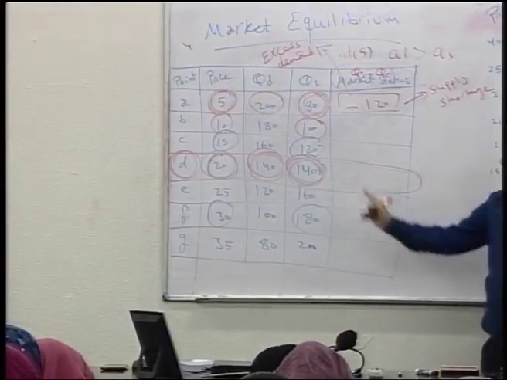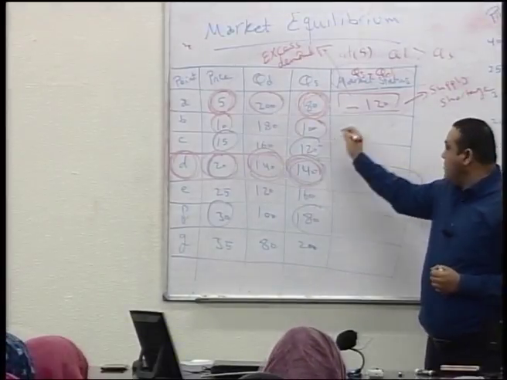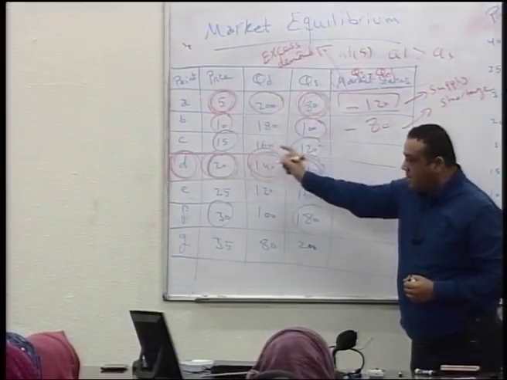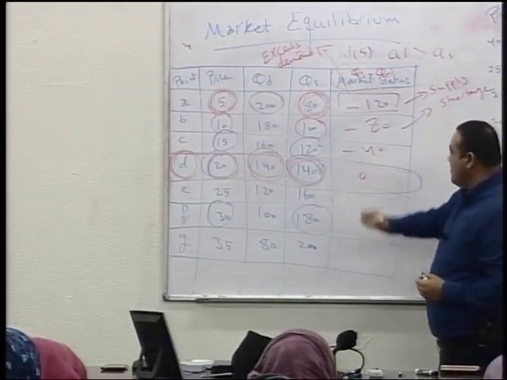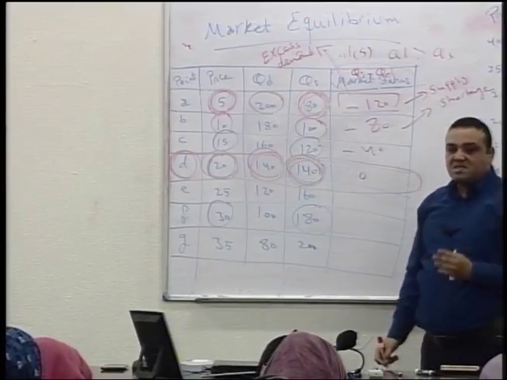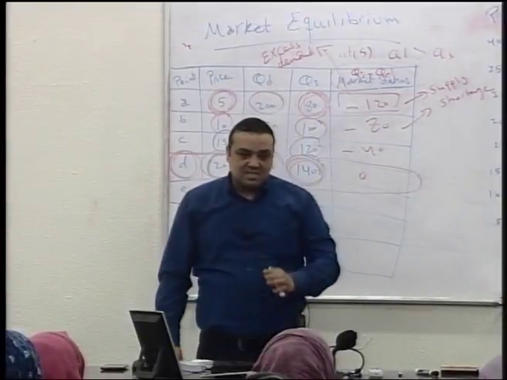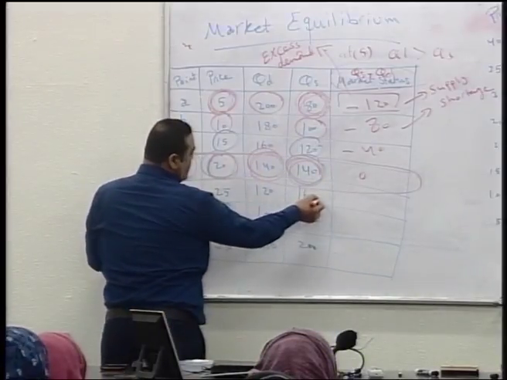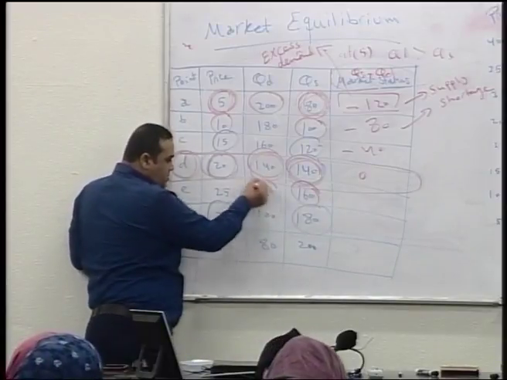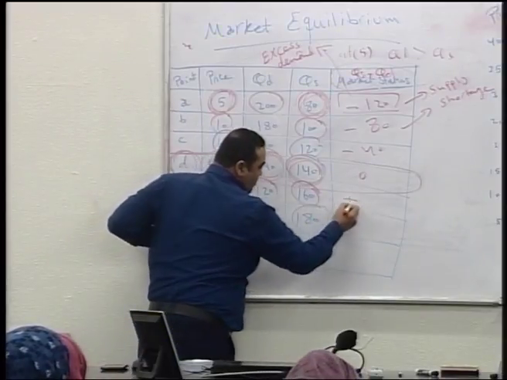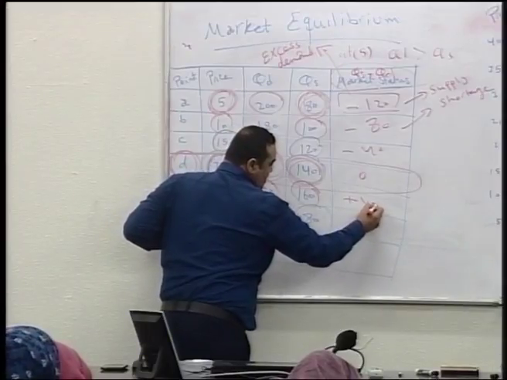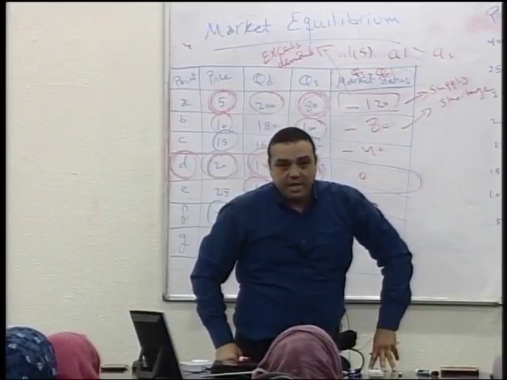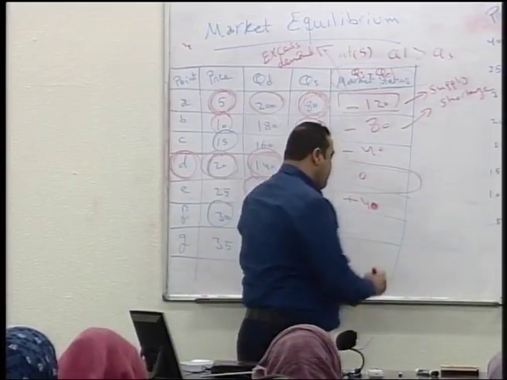Next, 100 minus 180, and 80 as well: supply shortage. 120 minus 120 is 0. No excess demand, no excess supply. Then we come to 160 minus 120, plus 40. We have what here? Excess supply of goods. Here we have excess supply of goods.